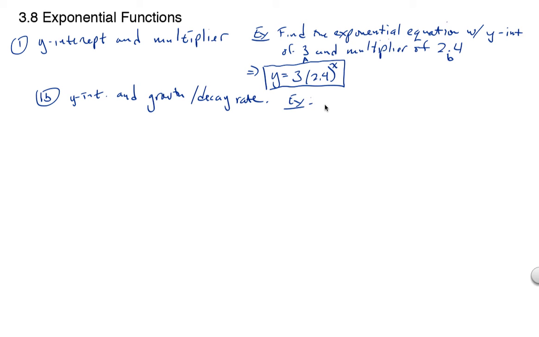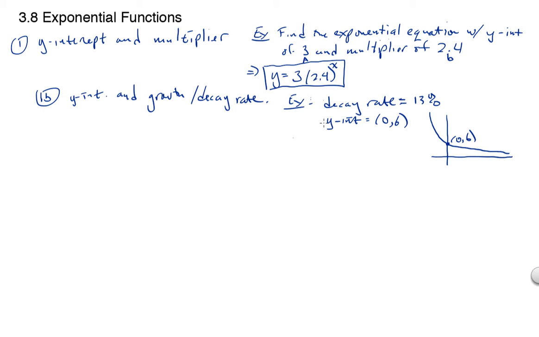Let's say our decay rate is 13%, and it goes through the y-intercept of (0, 6). So again, decaying means it starts high and goes low to this long tail. And this point right here is (0, 6).